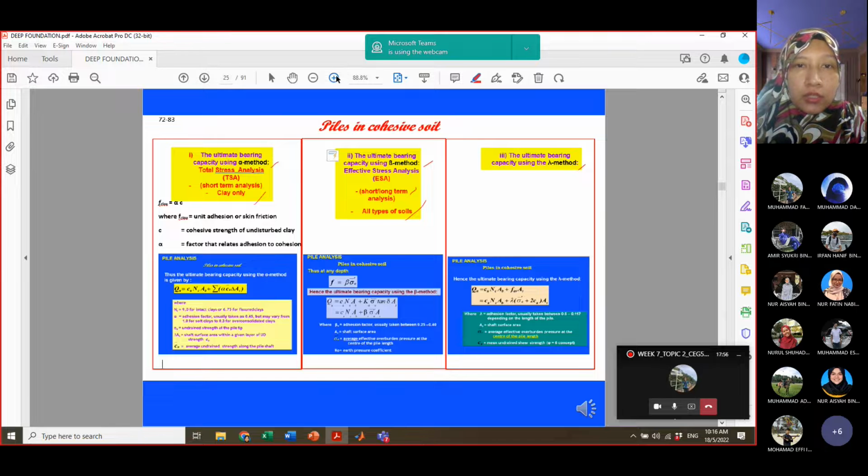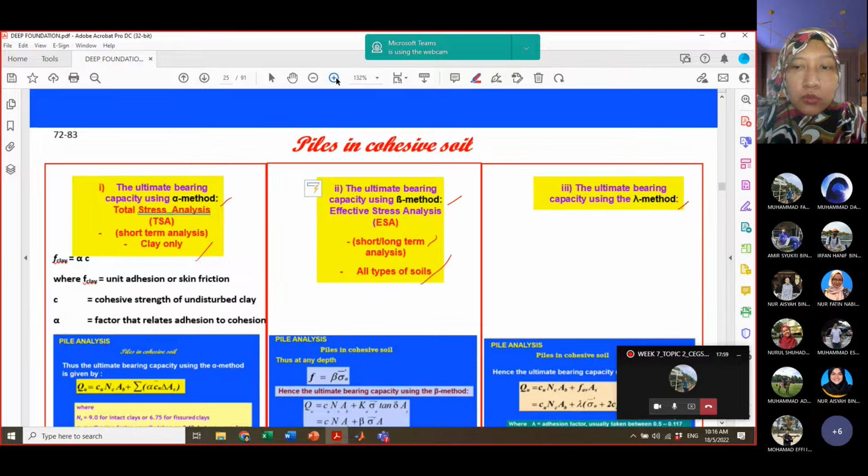Okay, now we go into further detail on how to analyze piles in cohesive soil. So there are 3 methods available according to the conditions of the soil itself. For example, if we want to analyze piles in clays, clay is a soil whose permeability is very low.